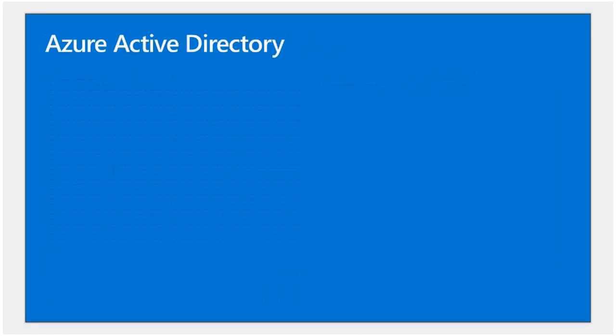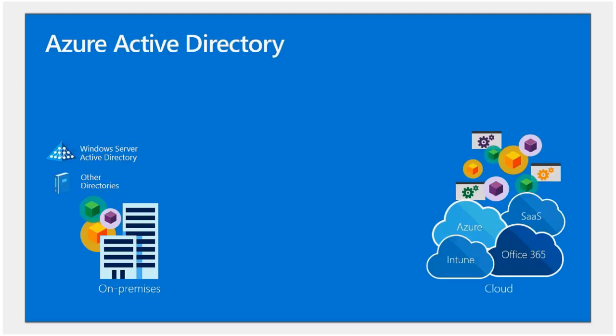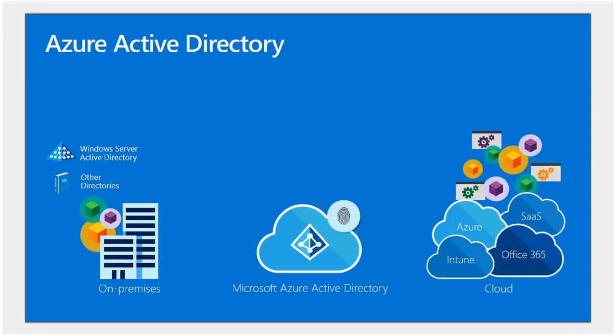So let's look a little bit more at Azure Active Directory. For those that haven't yet looked at the architecture that we have in place, we first start off with Active Directory running on-prem and a variety of Azure-based services running in the cloud, with Azure Active Directory sitting in between.